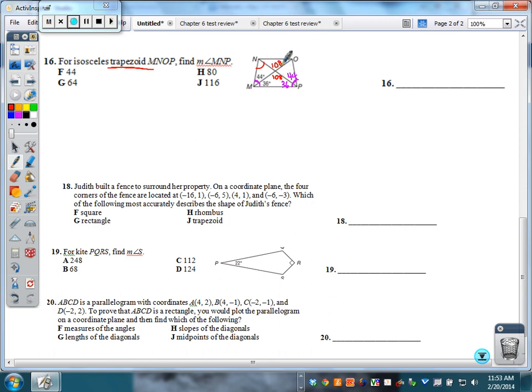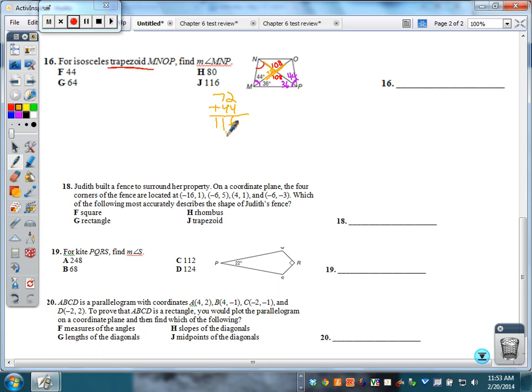So that makes, by linear pairs, this angle right here 72. All right? So if we know this angle is 72, because again, remember linear pair, then we have 72 plus 44 is going to be 116.